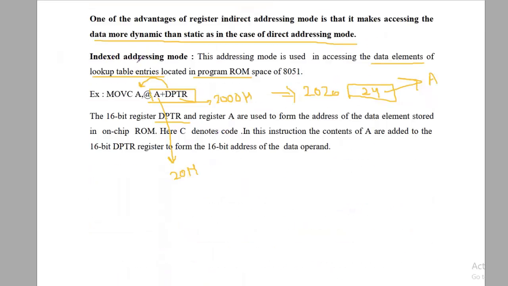The next thing is the index addressing mode. Index addressing mode basically says that it is used in accessing the data elements of the lookup table entities located in the program ROM. We are having a data pointer which has the value 2000h, or you can say pointing to the location 2000h.